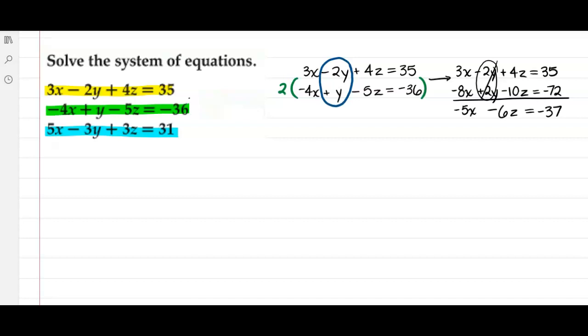Now we're going to grab the last two equations. I'm going to pull them off to the side. Negative 4x plus y minus 5z equals negative 36. In the blue equation, 5x minus 3y plus 3z equals 31.